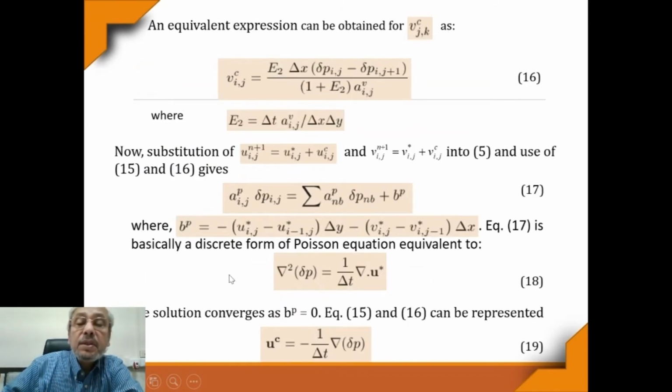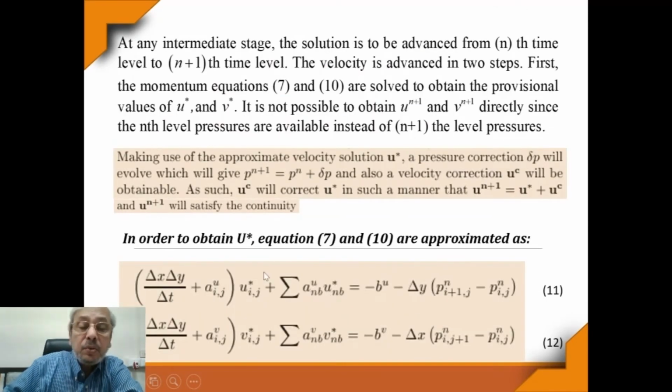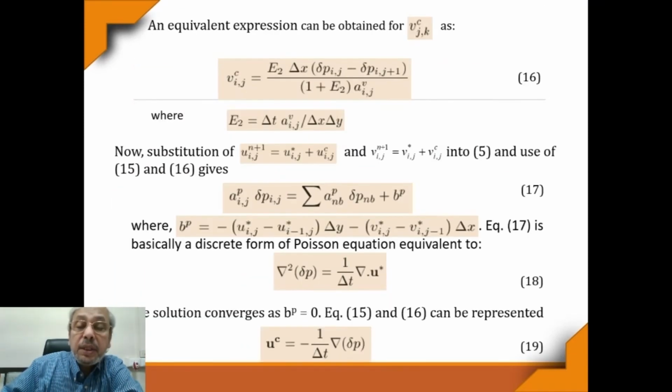Now if we add this u velocity correction and v velocity correction to u star and v star, which we calculated provisionally using the nth level pressure, because only that pressure was available and the n+1 level pressure was not, we are likely to get velocities at the level n+1.